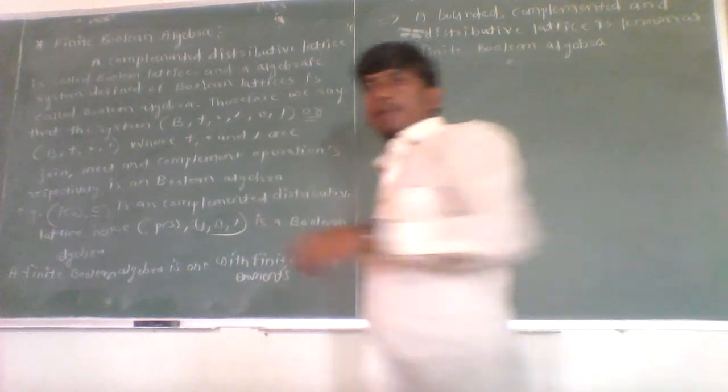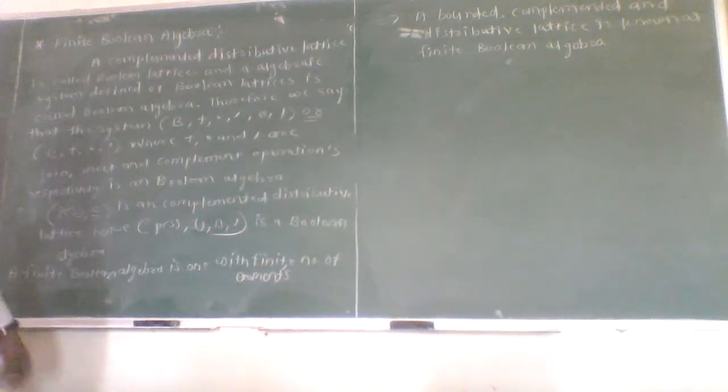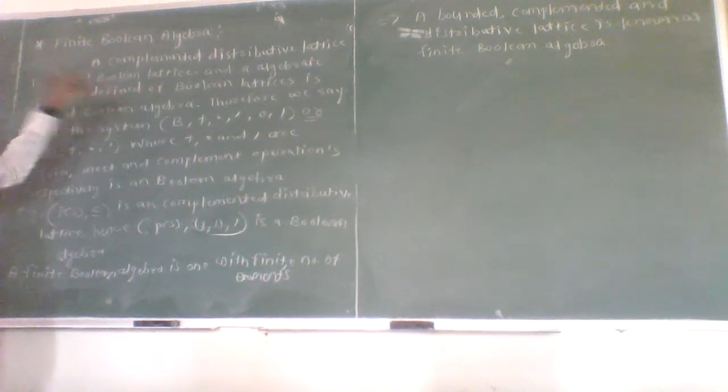Okay. Therefore, a bounded, complemented, and distributive lattice is called a finite Boolean algebra.